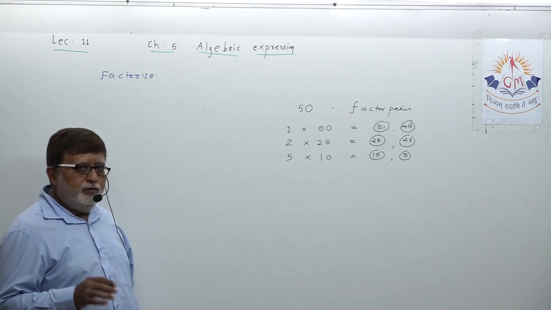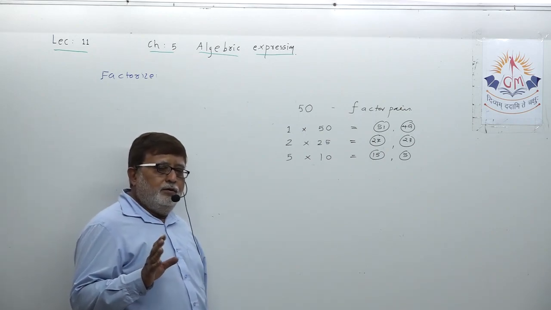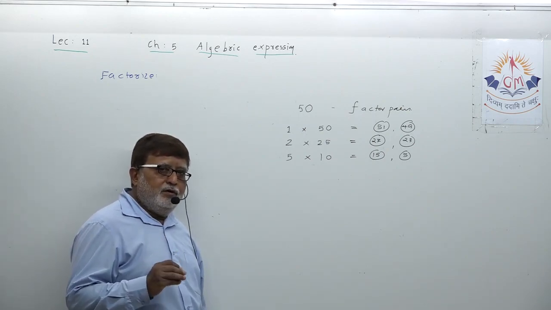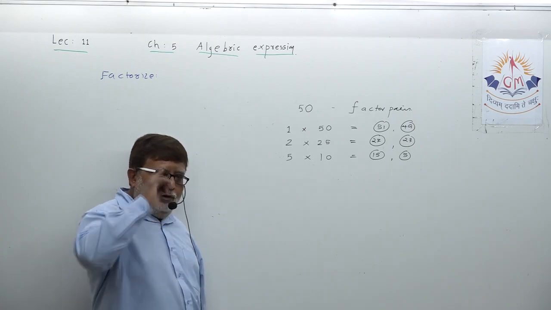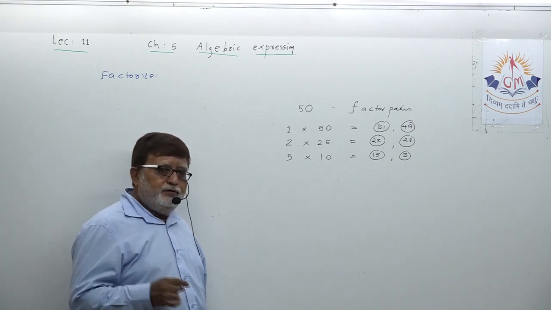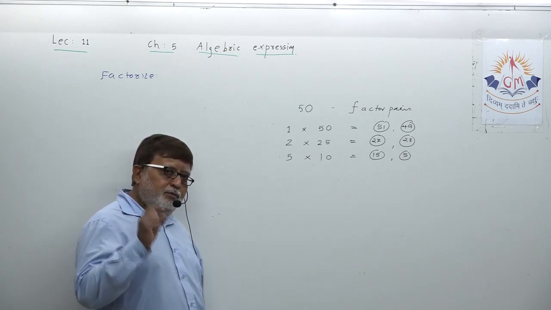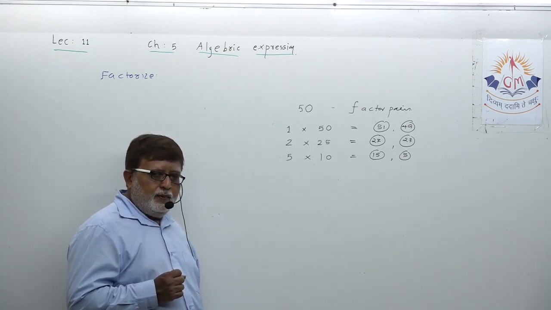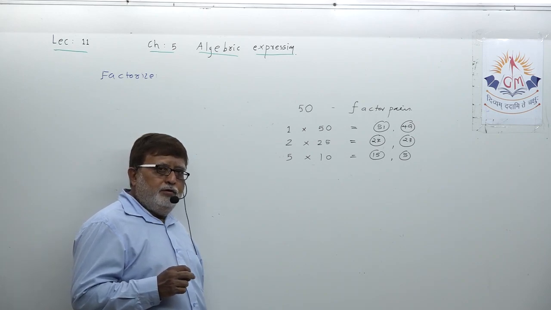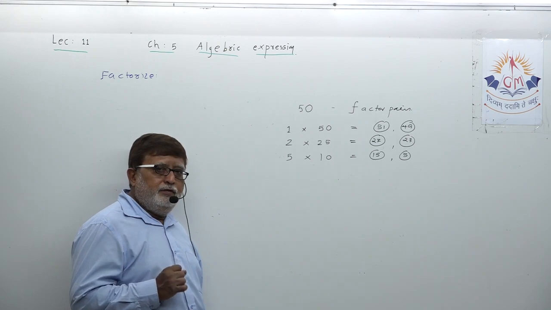Suppose, dear student, though we are not live and this is a recorded lecture, if I ask you any question, please think in your mind. Suppose I ask you, list out the factors of 10 whose addition is 7.